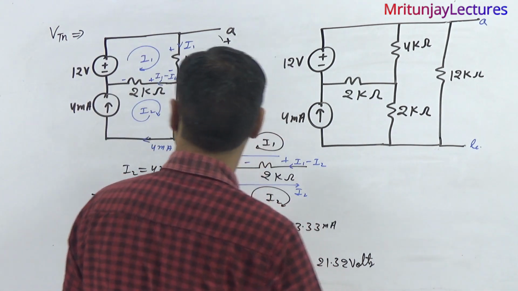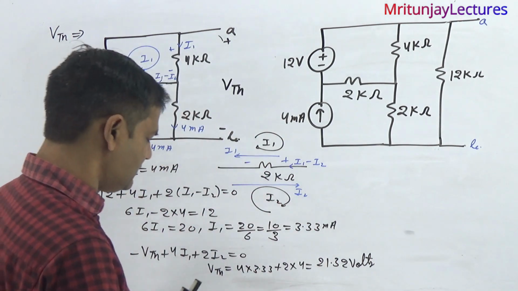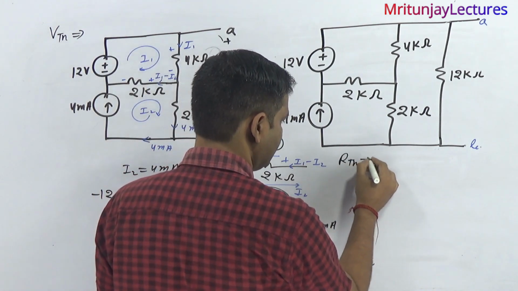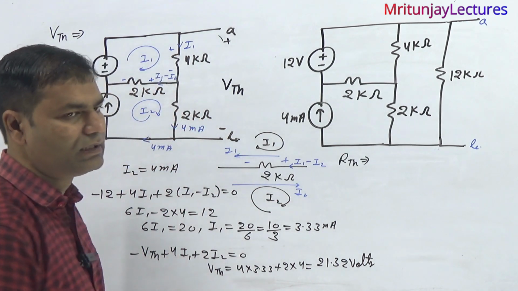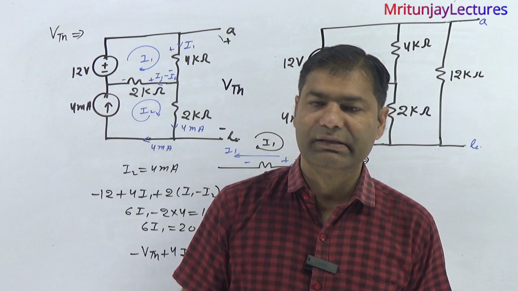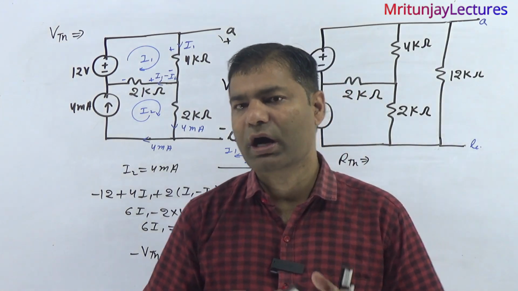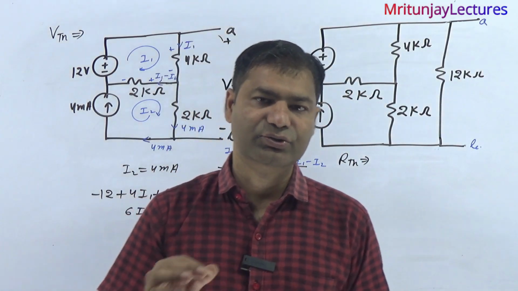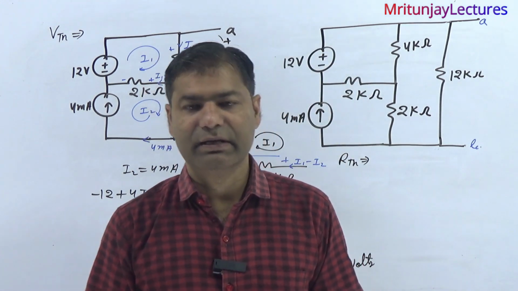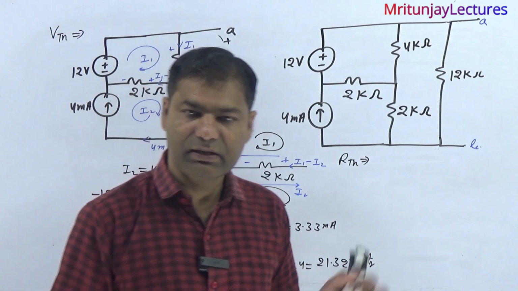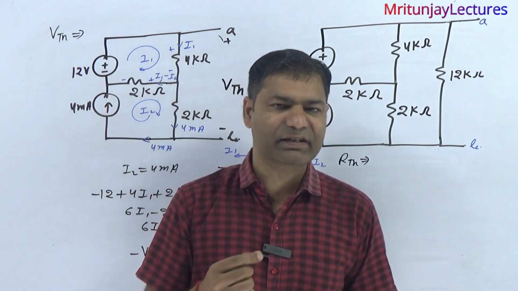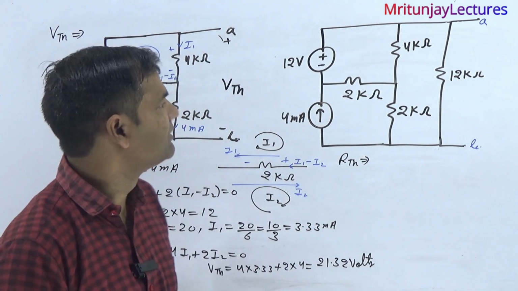Now the next target: if you have determined VTH, our motto now is to focus on RTH. How can you determine RTH? According to Thevenin's theorem, if you determine RTH, you remove all independent sources, reducing them to zero. An independent voltage source behaves as a short circuit, and an independent current source behaves as an open circuit.